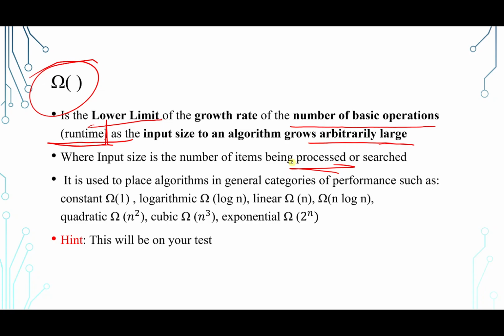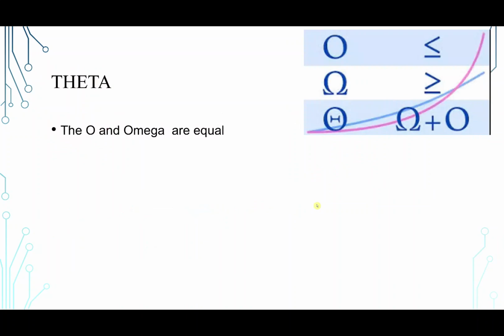So usually we have big O and big omega. And if both are equal, we are going to call that theta. As we said, we can have constant big O and constant big omega, logarithmic big O and logarithmic big omega, linear big O, linear big omega, and so on.